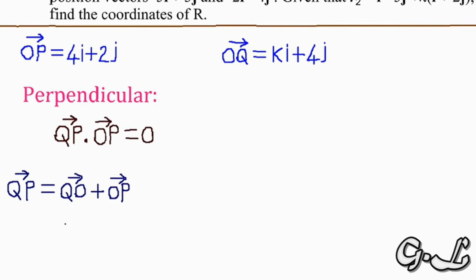So now let's try to go further. For vector QP, you're going to consider the first one, which is vector QO. When you look at the first statement that we made, we have the expression for vector OQ, and the expression is Ki plus 4j.